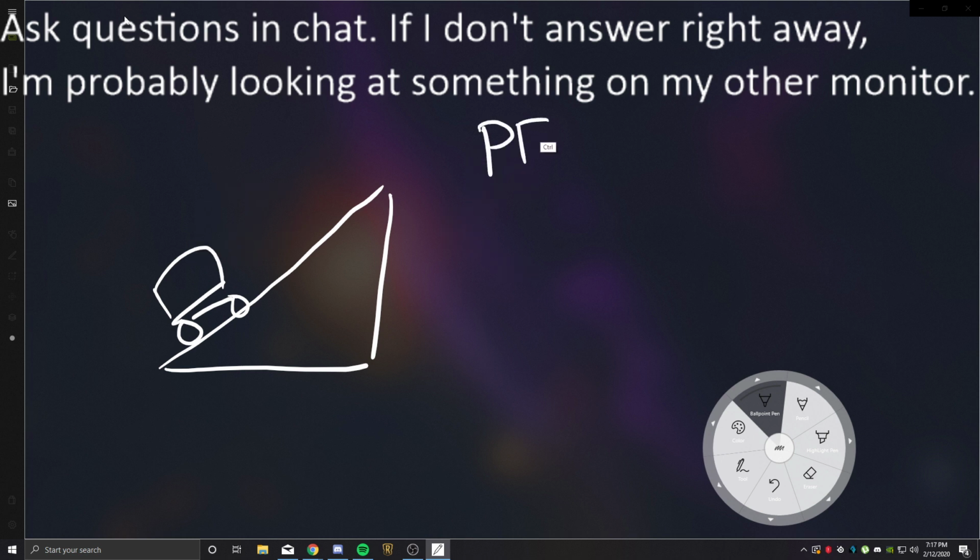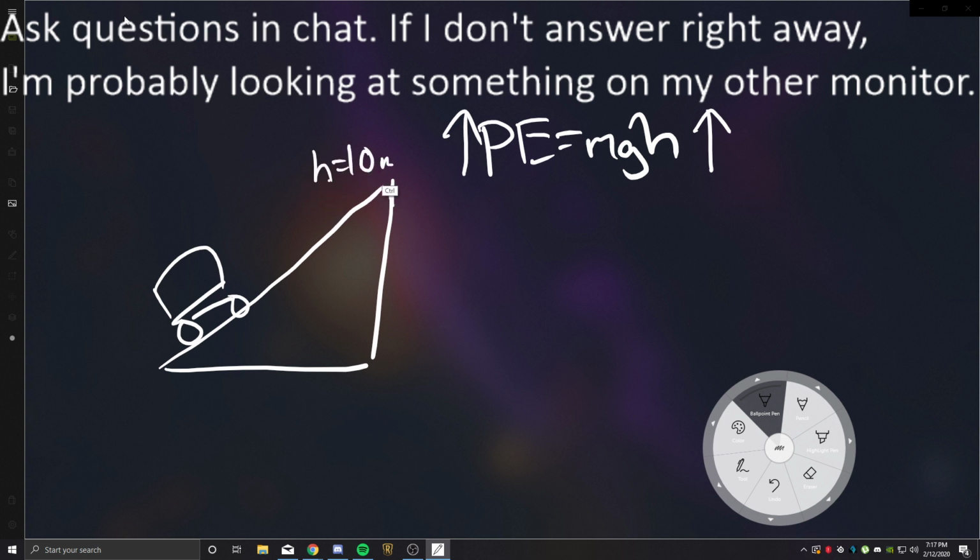Your potential energy is mgh, so if your height increases, your gravitational potential energy increases as well. Say this is a height of 10 meters and this is a height of 0. As you go up this incline, your height increases and your potential energy increases.